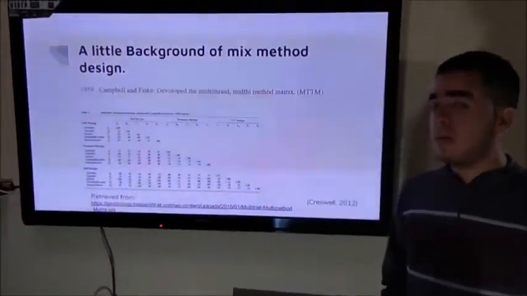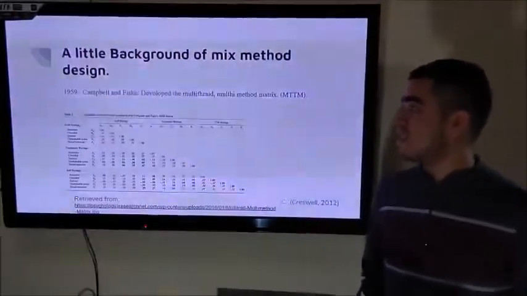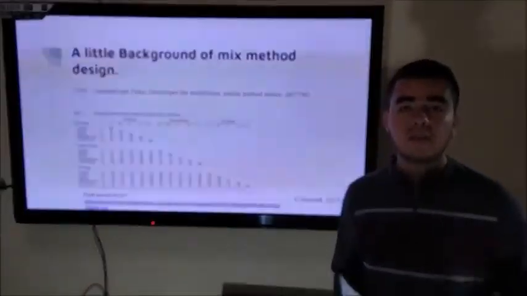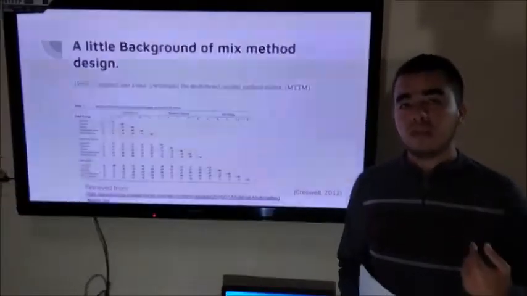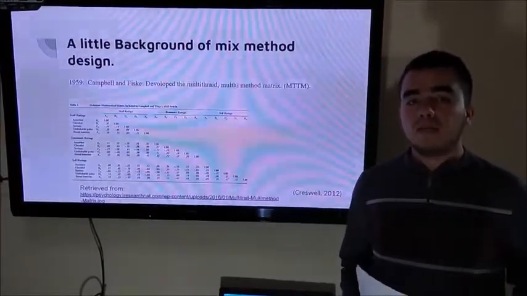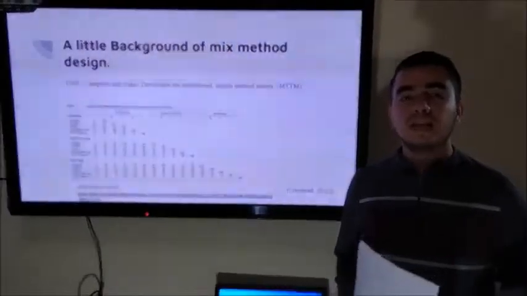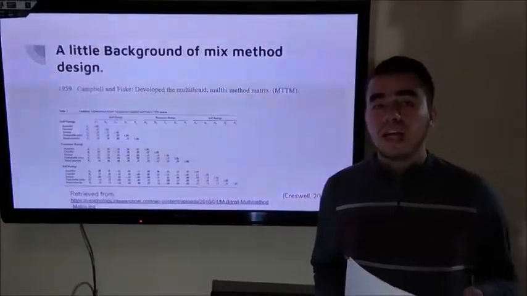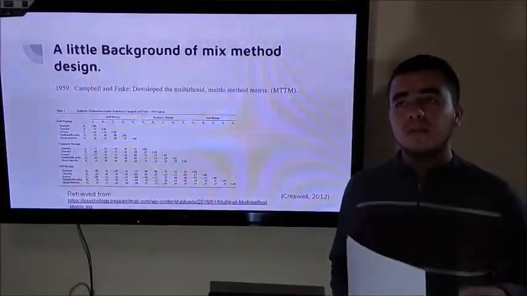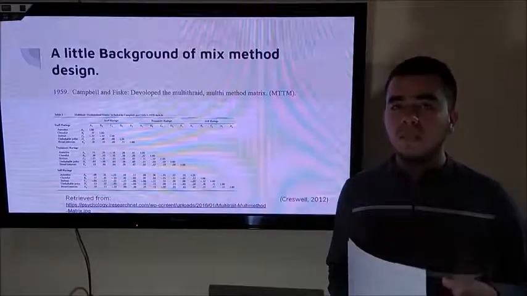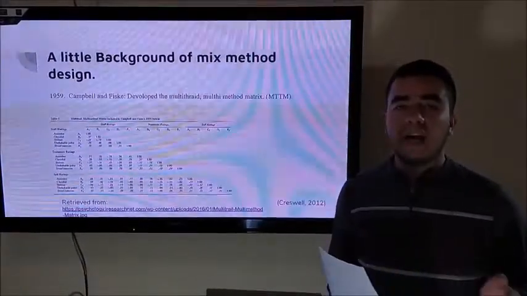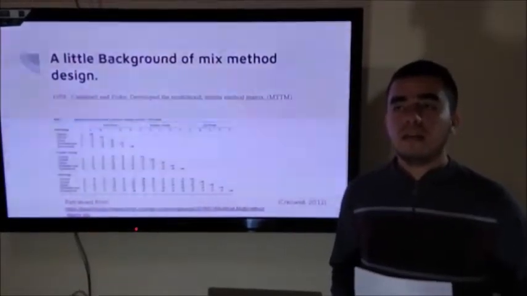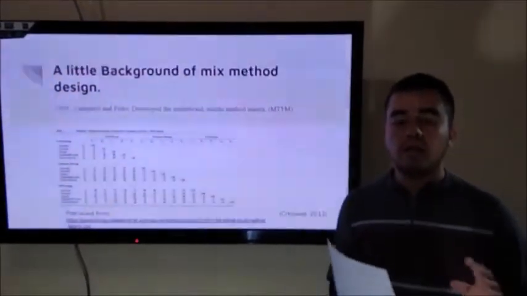Now we are going to talk a little about the background of mixed method design, how the idea of mixed method research design developed through time. At the beginning of the last century, in the 30s, some researchers in fields such as biology, geology, and epistemology started to consider that sometimes the quantitative part wasn't enough or sufficient to validate the social phenomenon they were looking into.